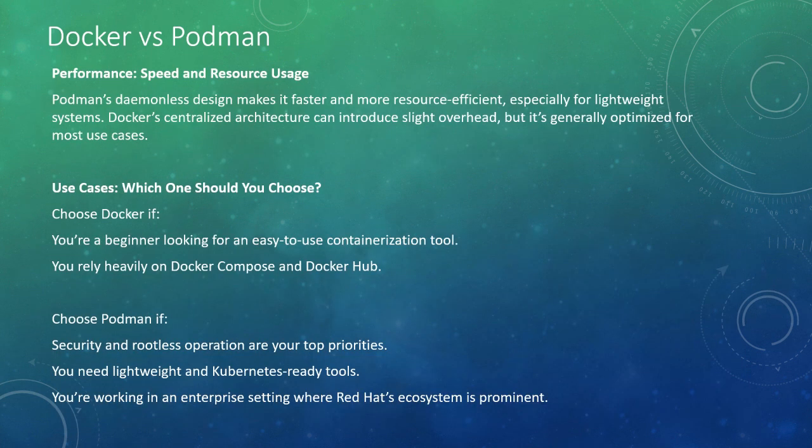As we already discussed, Podman has a daemonless design, which makes it quite a bit faster and much more resource efficient, especially with lightweight systems. Docker's centralized architecture can introduce slight overhead, though it's generally optimized for most use cases. Still, compared with Podman, it's less efficient.